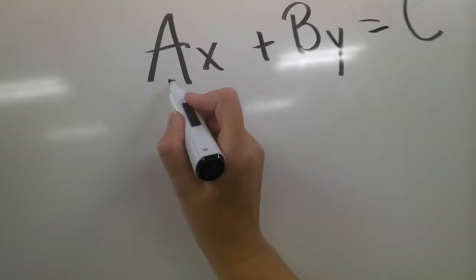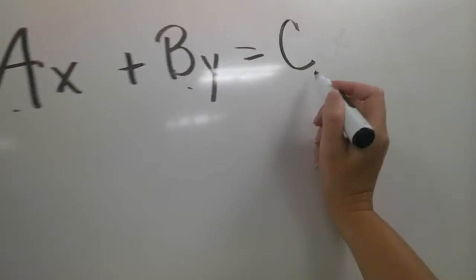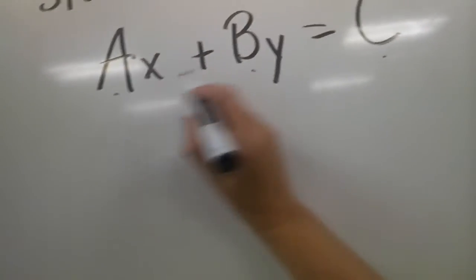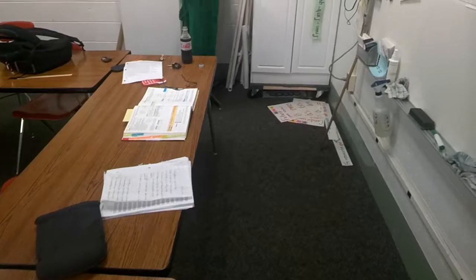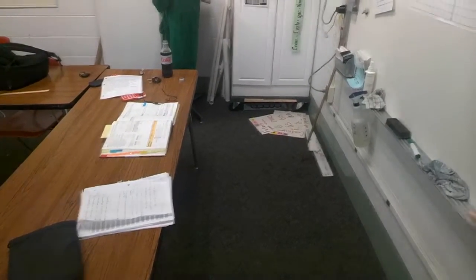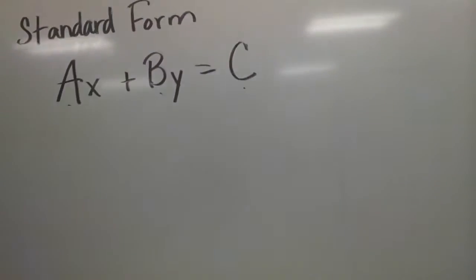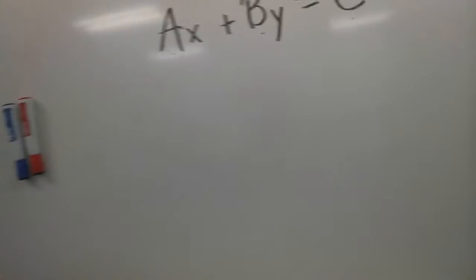So this is some number, this is some number, and this is some number, and these are the variables x and y. So when we're doing that, and you need to find the intercepts, what we're actually going to do is substitute those things and solve.